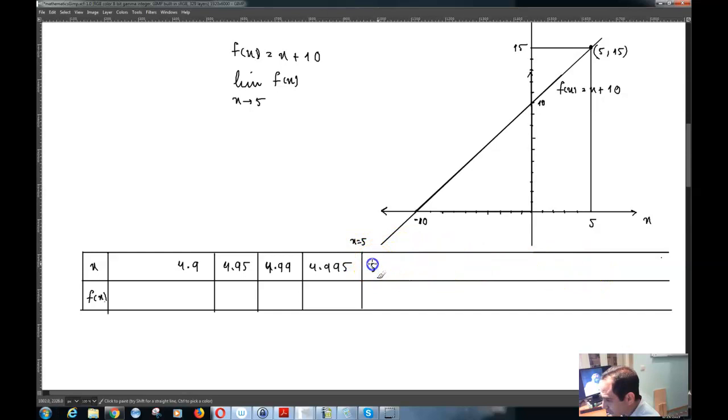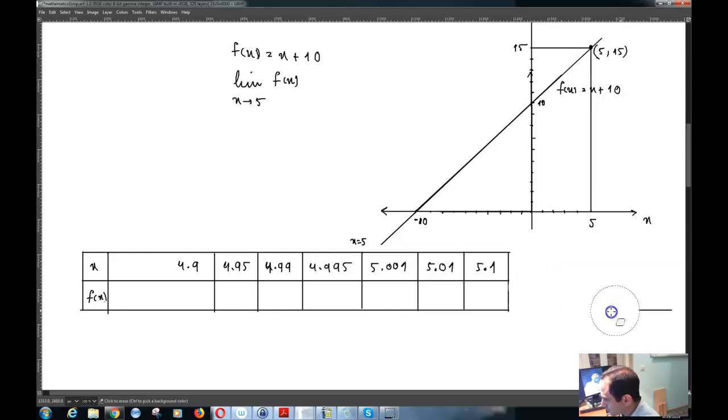I can go for 5.001, I can go for 5.01, and I can go for 5.1.